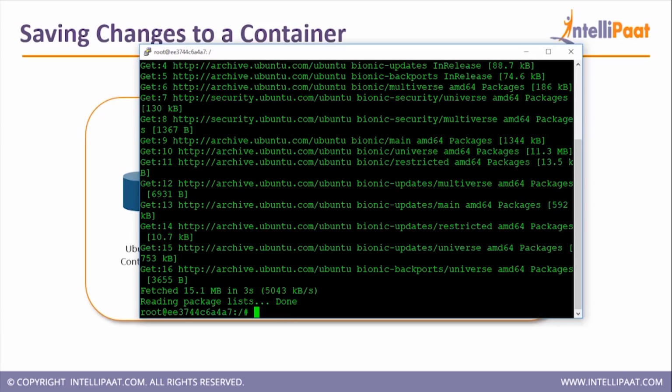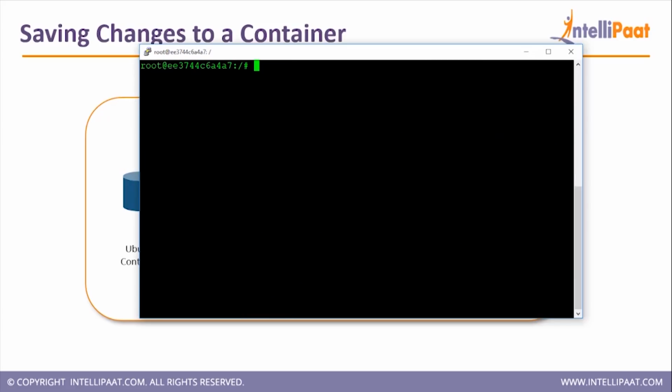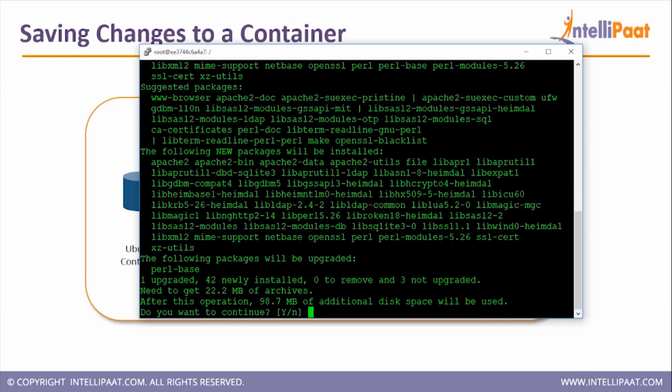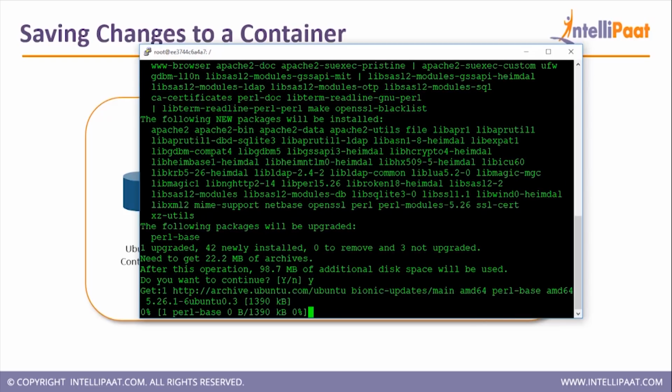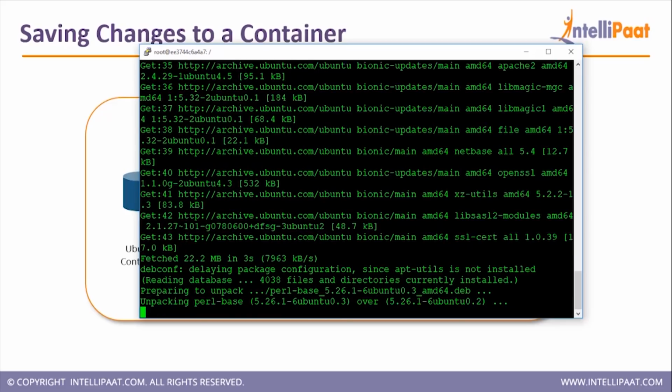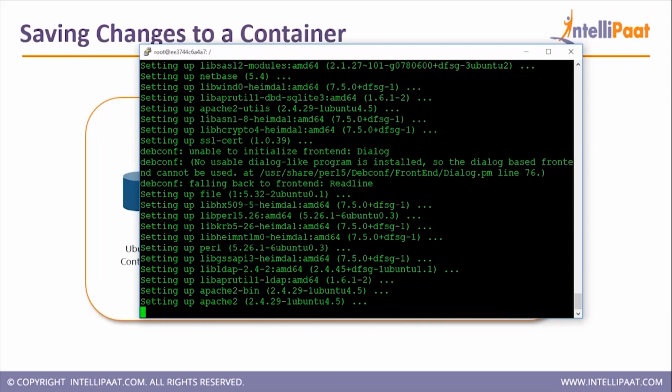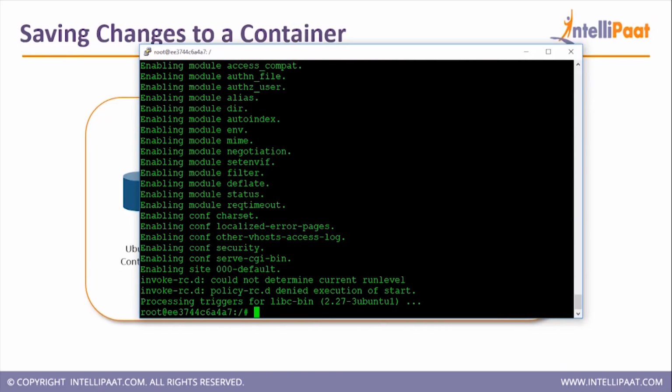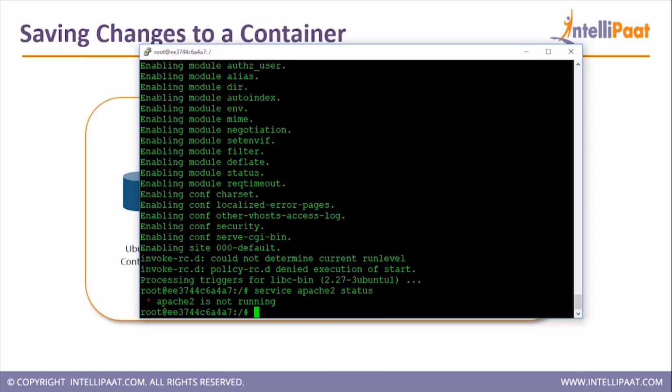Okay, once it's updated, the next step is to install Apache, and for that the command is apt-get install apache2, and this should install the Apache software. All right, and service apache2 status would give us whether Apache is installed or not.